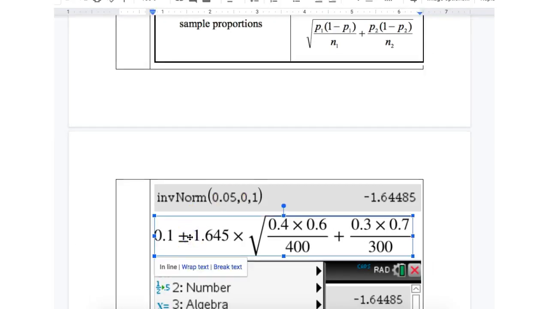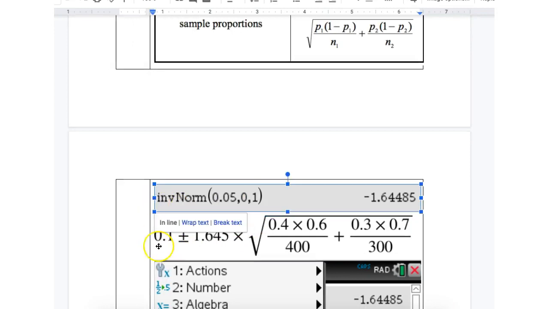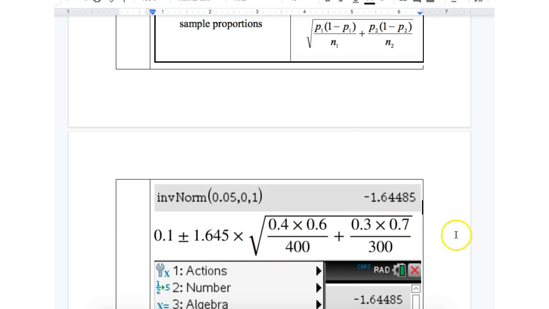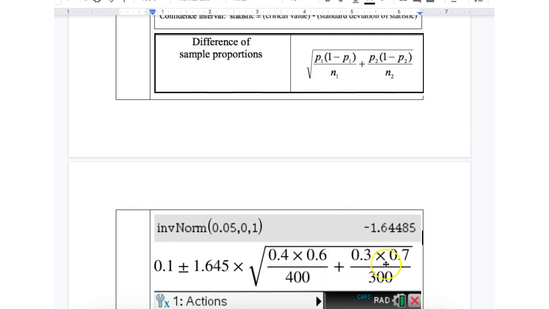And so what I did here is I just literally set up my confidence interval. So 0.1 is my point estimate, plus or minus 1.645 is my critical value, times this thing here with all of my numbers plugged in. So 0.4 times 0.6 divided by 400, 0.3 times 0.7 divided by 300.